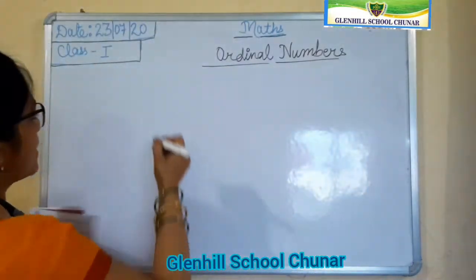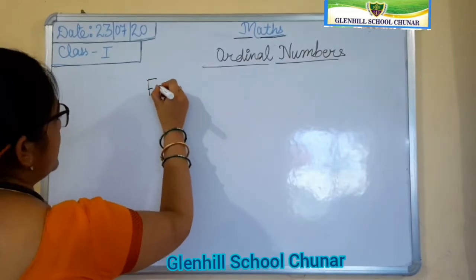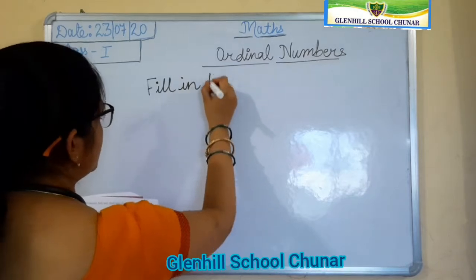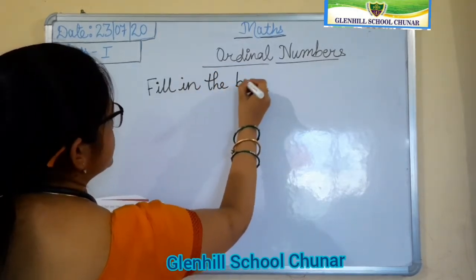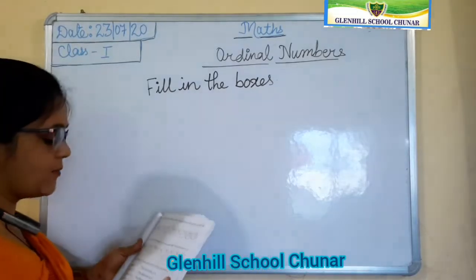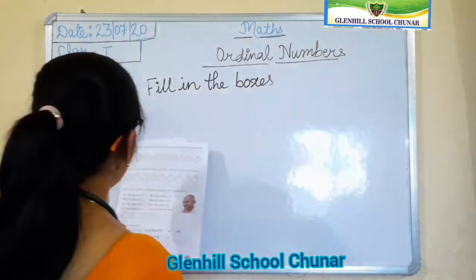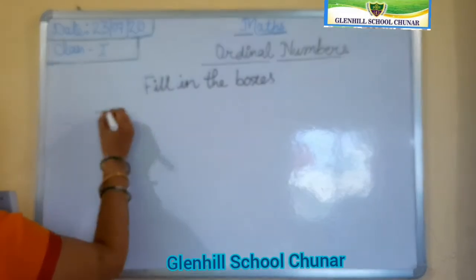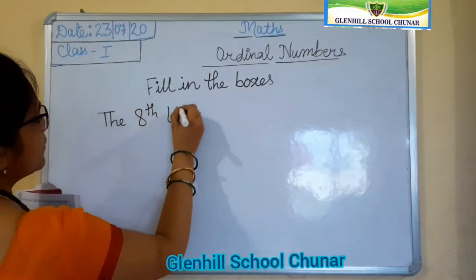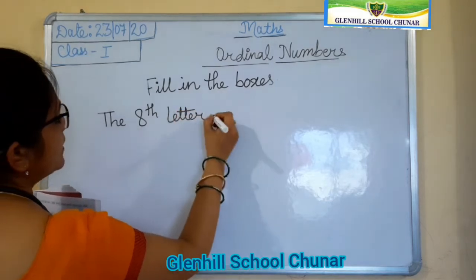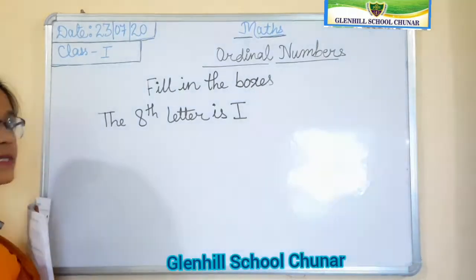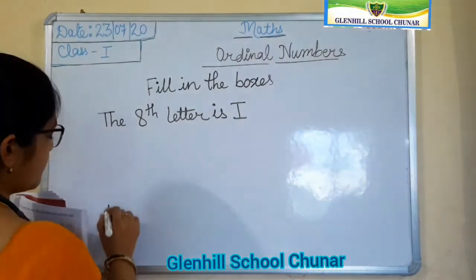Now look at the blackboard. Here it is: fill in the boxes. Okay students, fill in the boxes to find the name of this great man. The eighth letter is I. What is the eighth letter? The eighth letter is I. Here so many boxes are there.